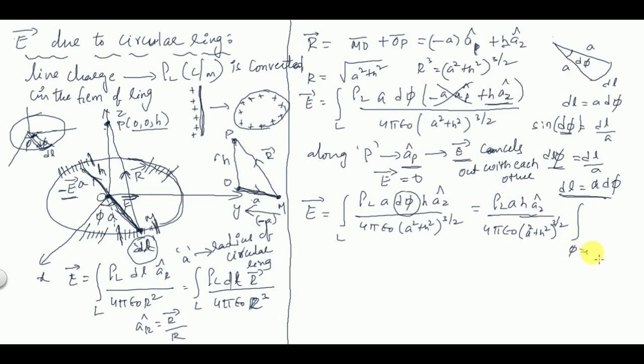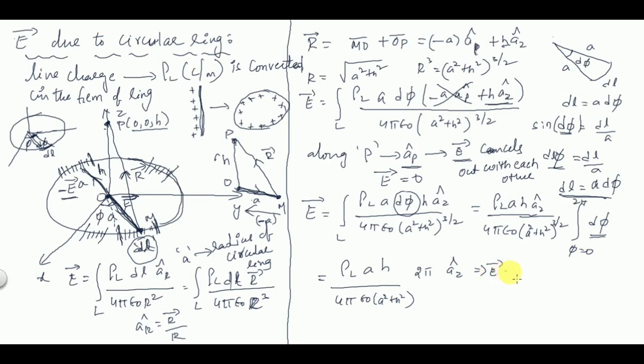So integration is from phi equal to 0 to 2 pi of d phi. Understood this? So it is rho L into A into H divided by 4 pi epsilon naught into A square plus H square. The integral of d phi is phi, and if you substitute the limits you'll get 2 pi, into 2 pi a Z cap.